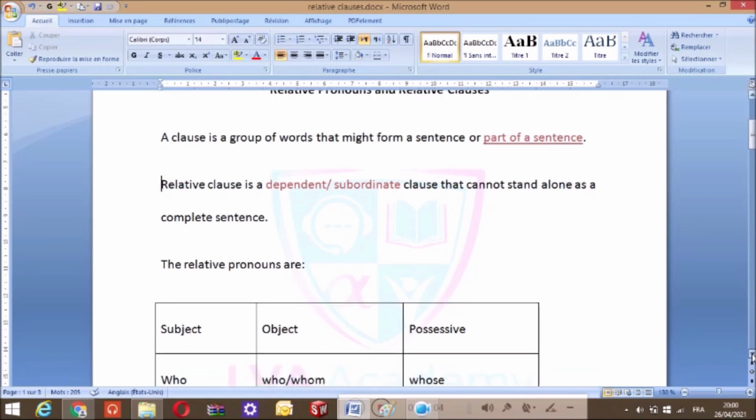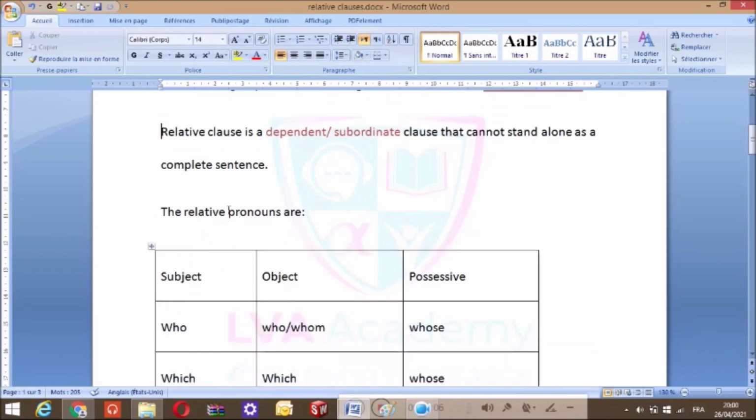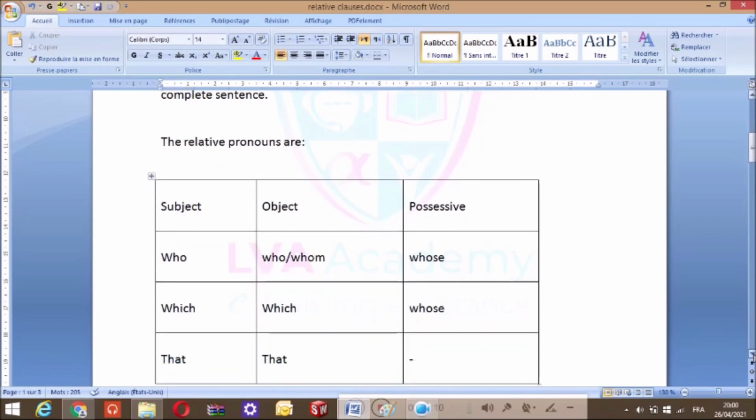Now, let's take a look at the relative pronouns. Look at this table, which summarizes relative pronouns. So, if we are referring to the subject in a sentence, we use the following relative pronouns.